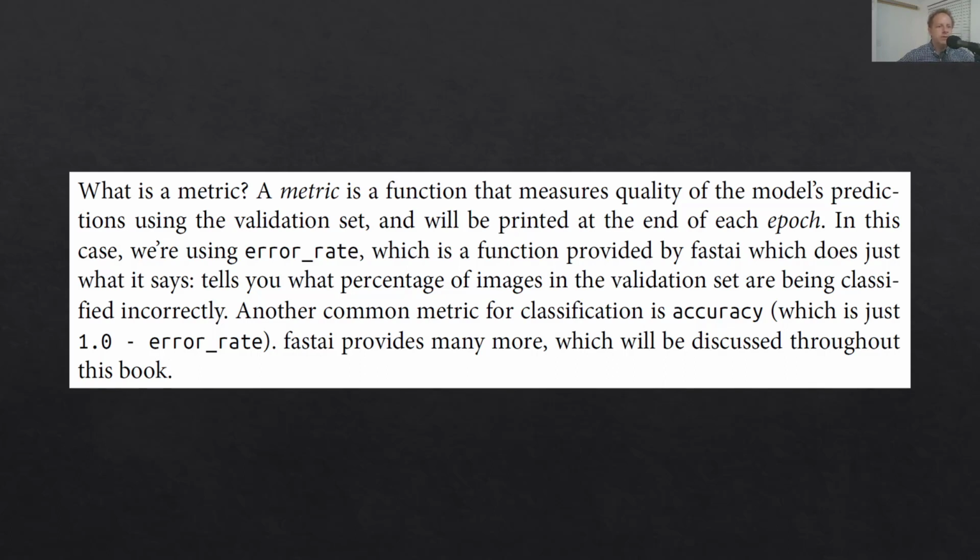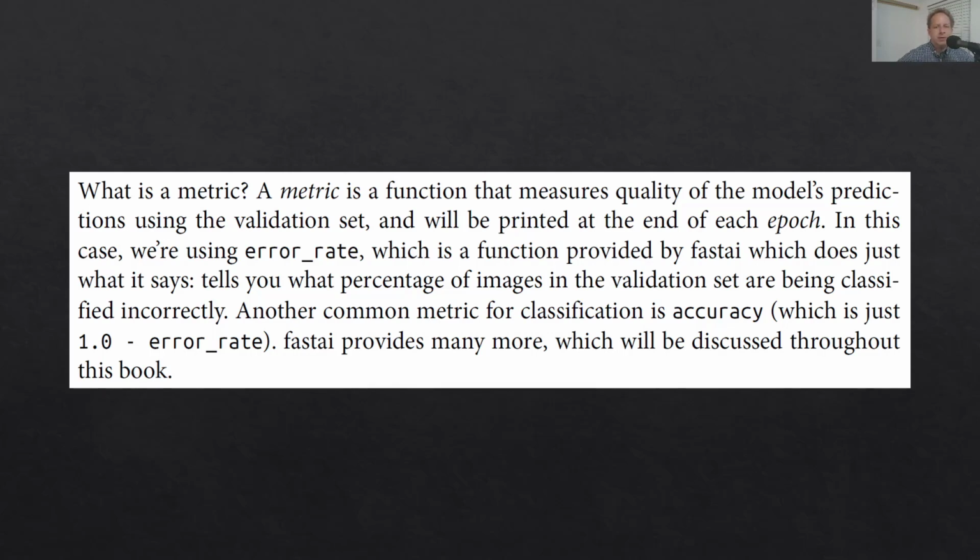The loss is not necessarily the same as your metric. The reason why is a bit subtle, and we'll be seeing it in a lot of detail once we delve into the math in the coming lessons. But basically, you need a loss function where if you change the parameters by just a little bit up or just a little bit down, you can see if the loss gets a little bit better or a little bit worse.